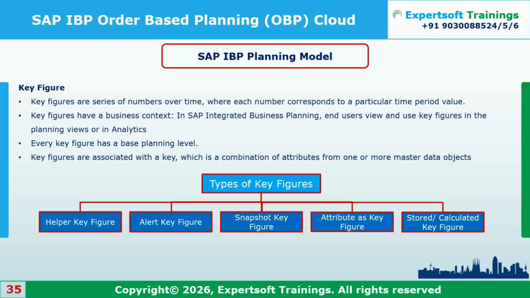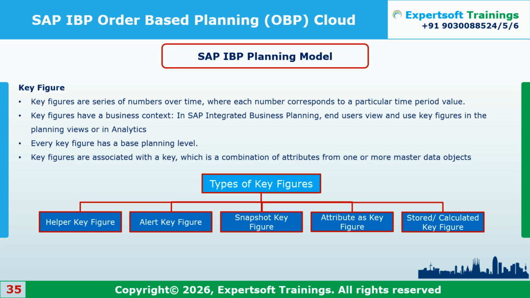What is the best example we have? UM conversion factors. We upload the master data in the UM conversion, and we use the same thing in key figure calculations as a key figure.